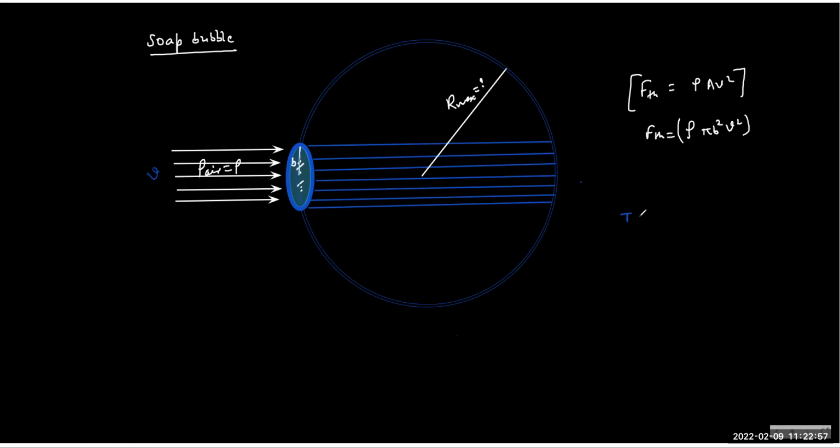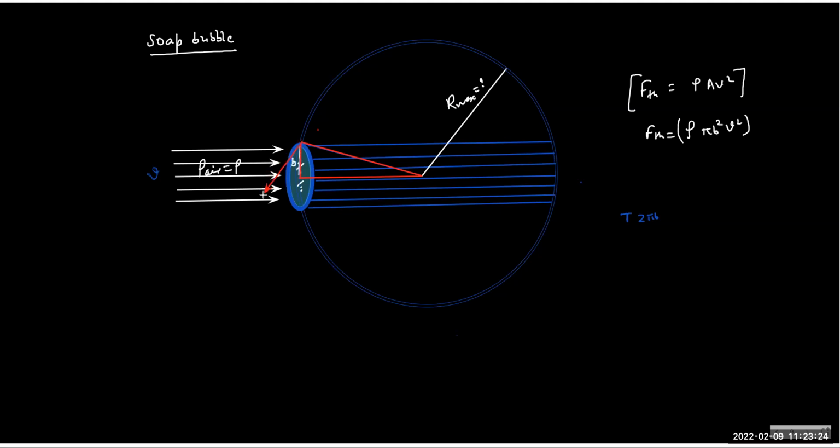So here it is t into 2 pi b and a similar thing. If you do the FBD kind of thing, surface tension is always normal to this line.